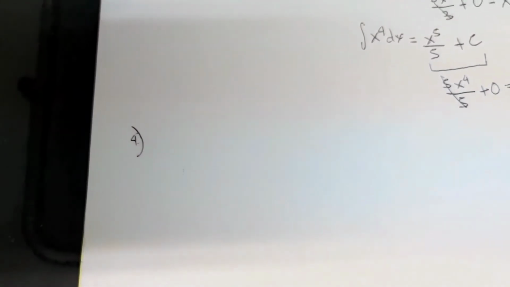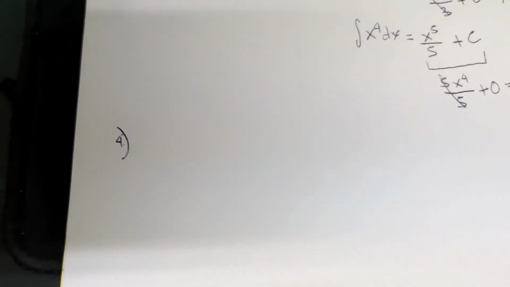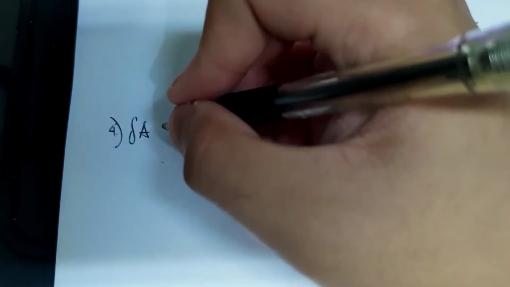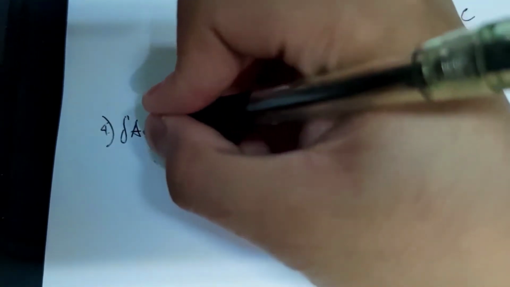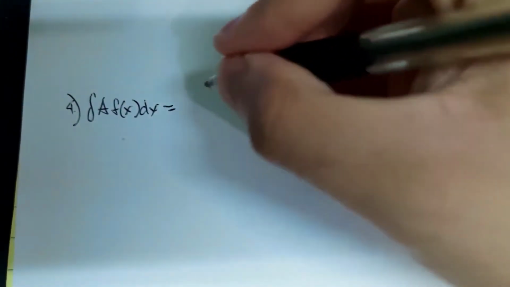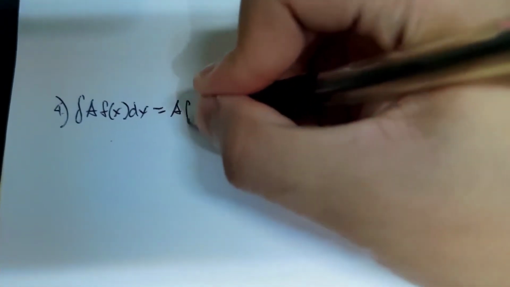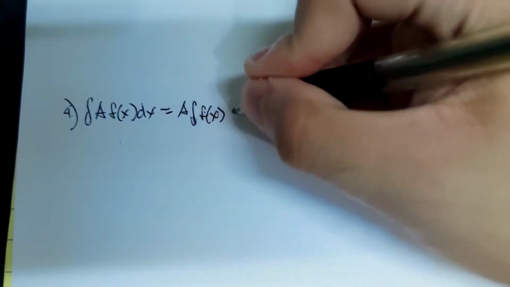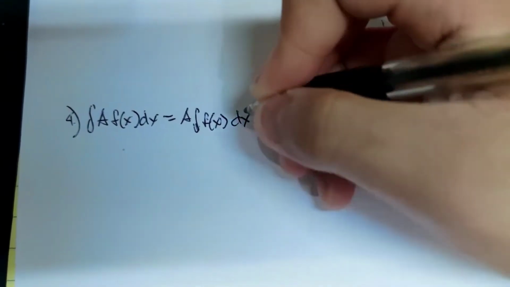The next rule says that if we have a constant multiplied by a function of x with respect to x, we can pull the constant out. So let's have the integral of f of x with respect to x.